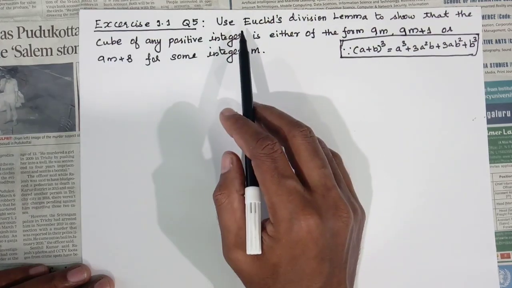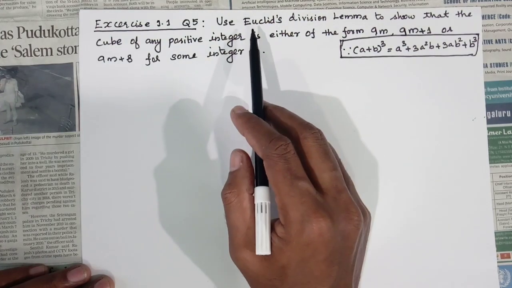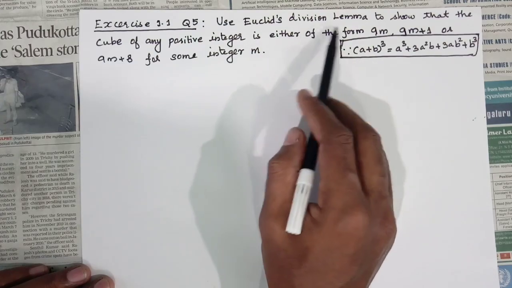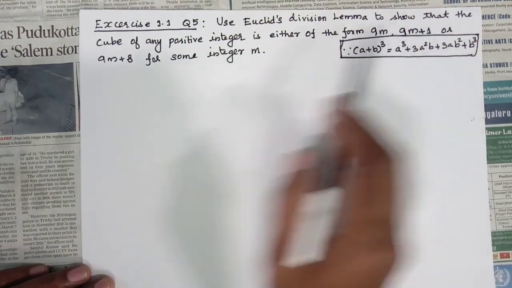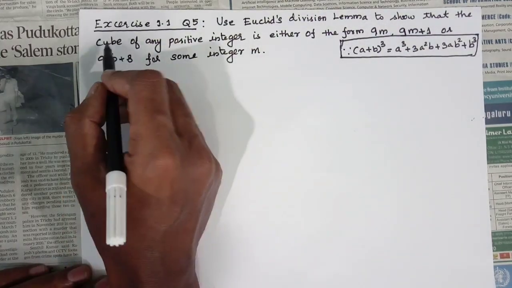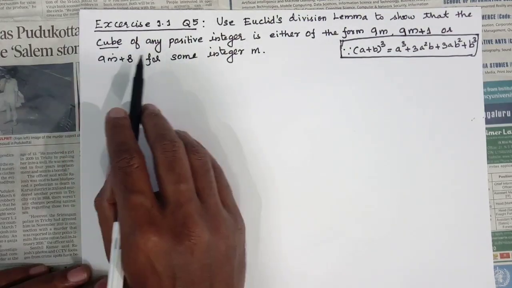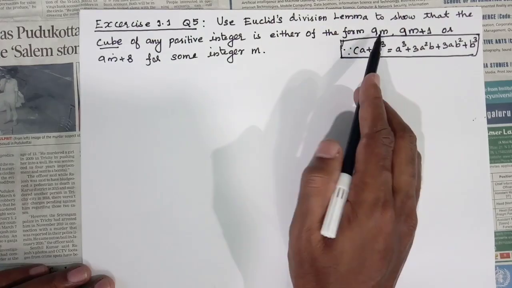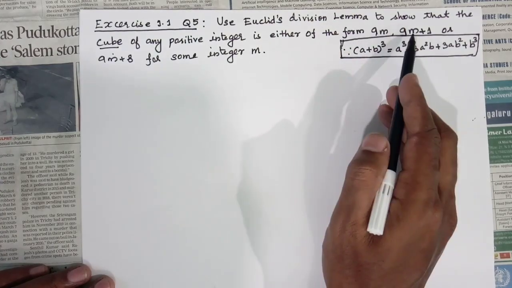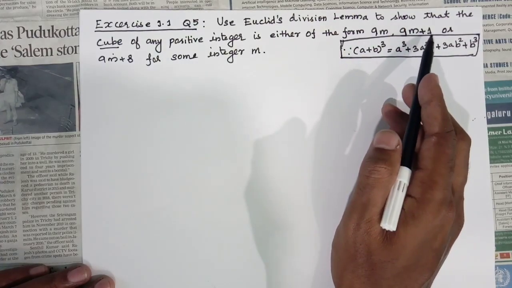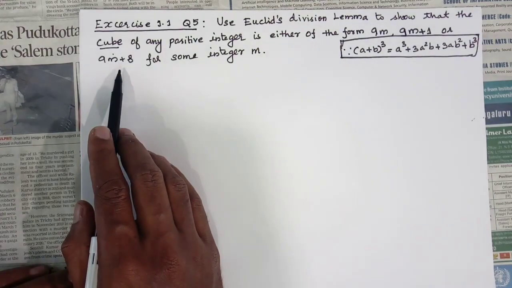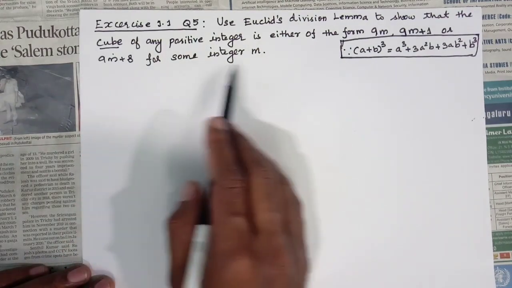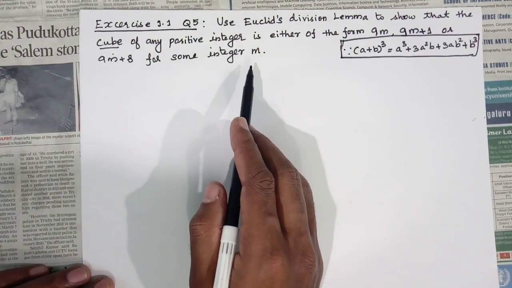We should use Euclid's division lemma to show that the cube of any positive integer is either of the form 9m or 9m plus 1 or 9m plus 8 for some integer m.